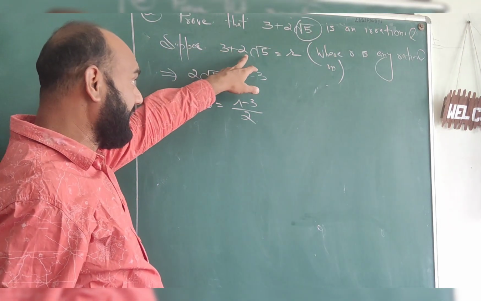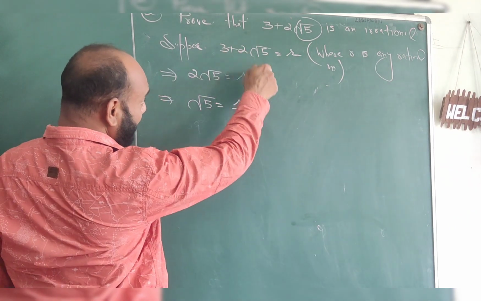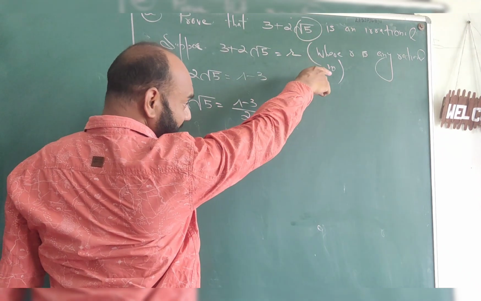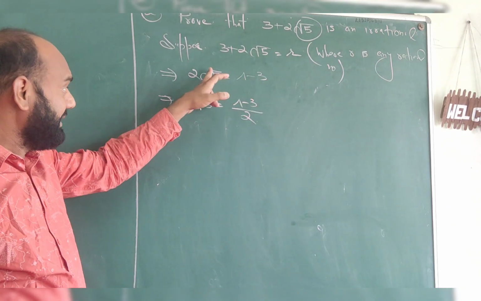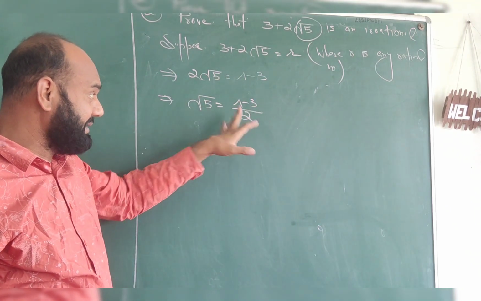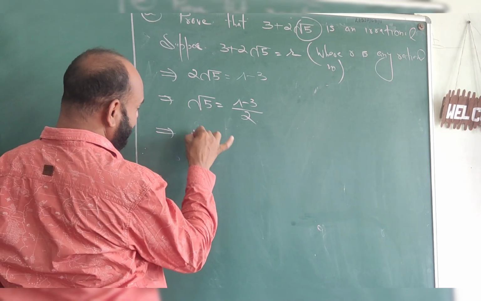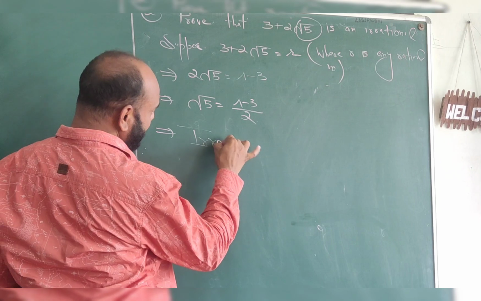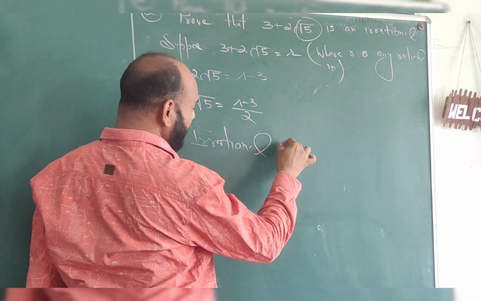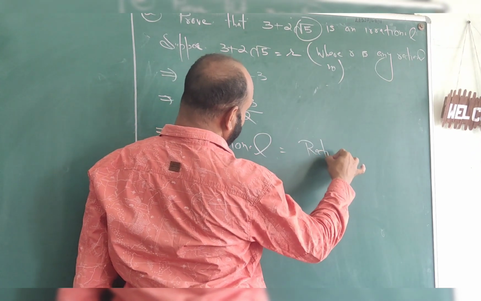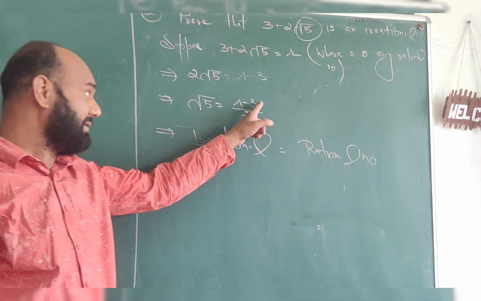So by solving 3 plus 2 root 5 equal to R, we get 2 root 5 is equal to R minus 3, because on the other side this will be minus 3. Therefore root 5 is equal to R minus 3 upon 2. And here we see R minus 3 upon 2 is a rational number, because R is rational.